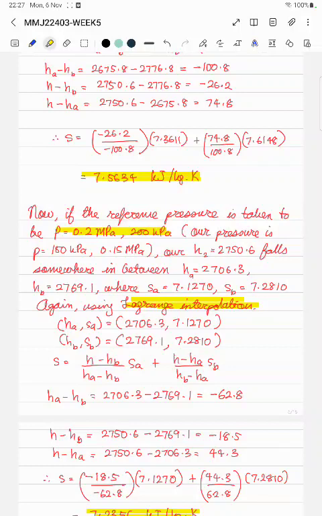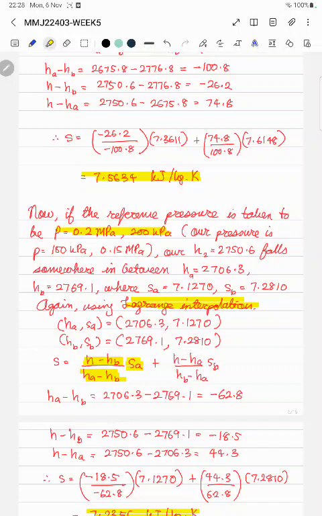So here, if the value of H moves closer to A, then you'll have this term HA minus HB divided by HA minus HB, which gives the value of S to be SA, while at the same time it will cancel out the value of SB, because HA minus HA becomes 0.